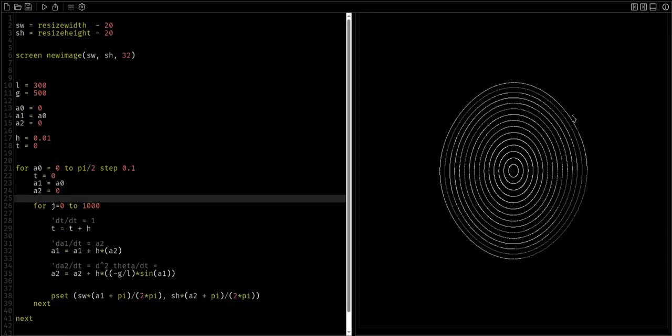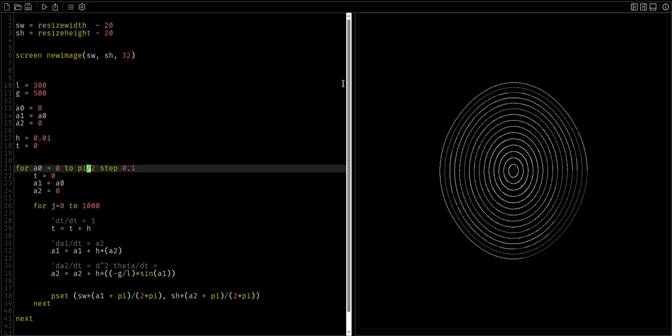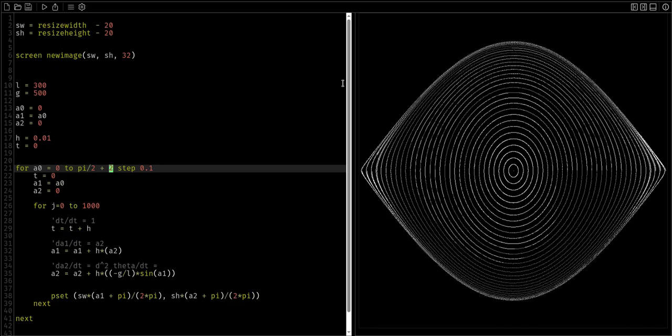Okay. So we have a basic phase space. And pi over 2, what is pi over 2? Let's give it a 2. 3.